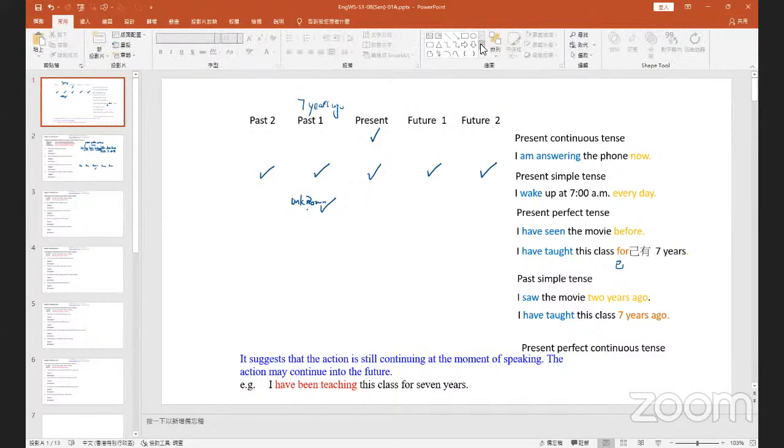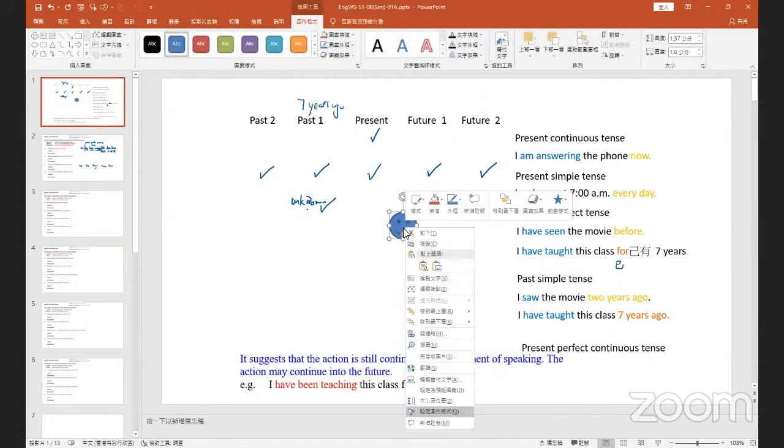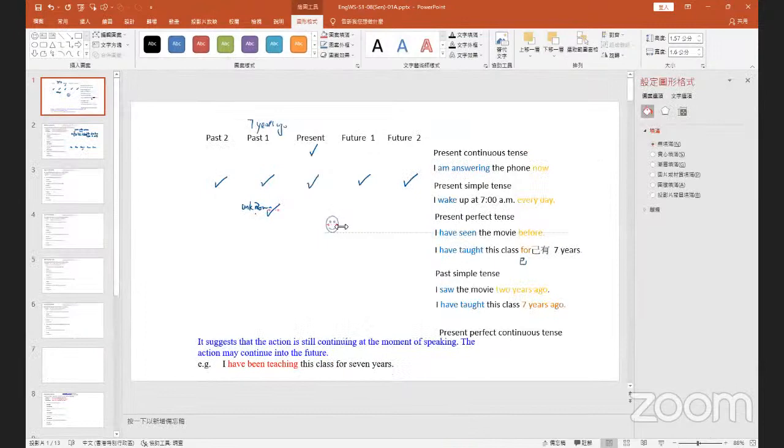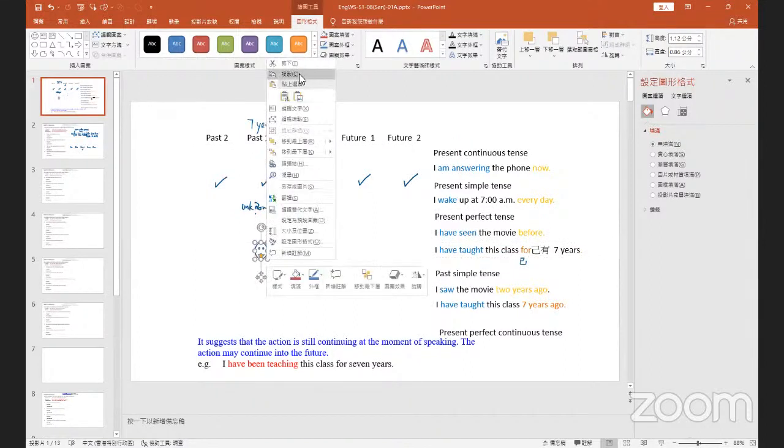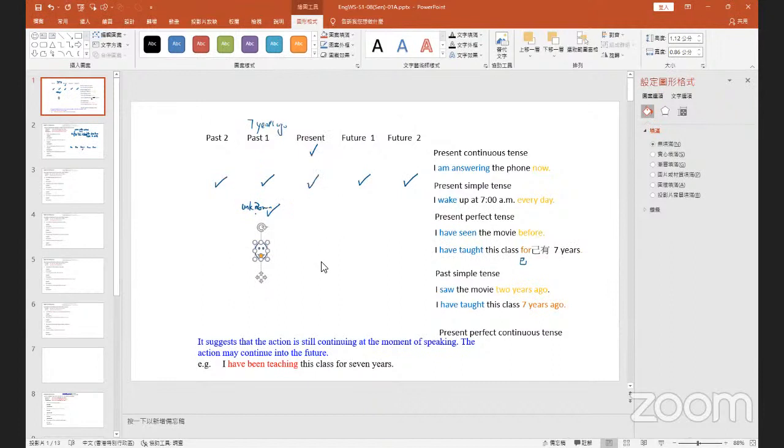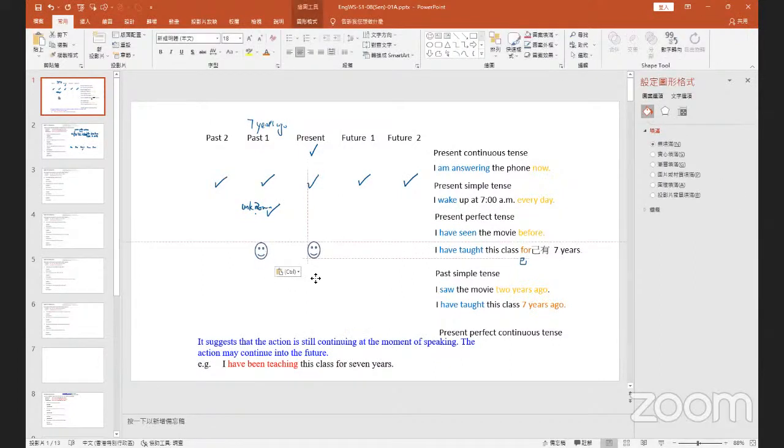I think using other symbols is better. Okay, like this one. I have taught this class for 7 years. That means 7 years ago until today.